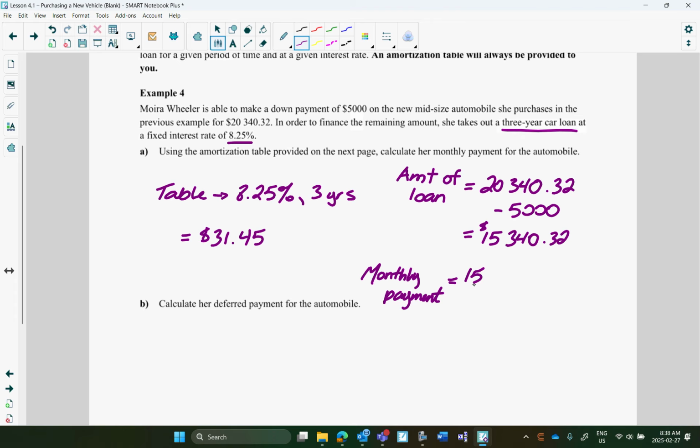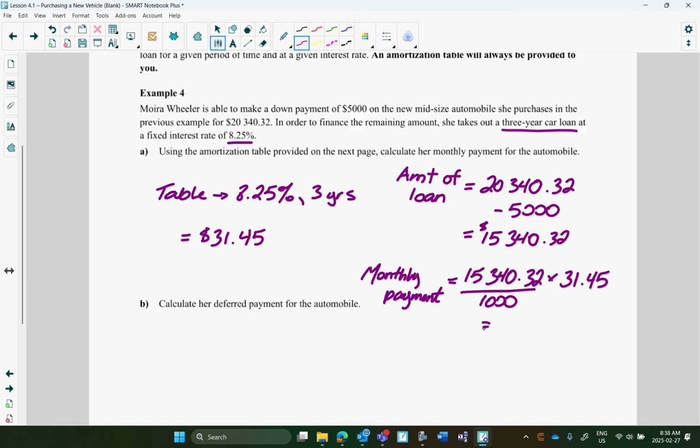So $15,340.32 divided by 1,000, because that's per thousand. That tells us how many thousands we have to multiply by.